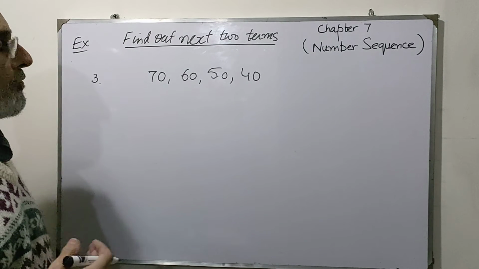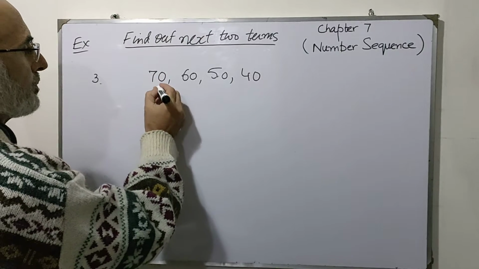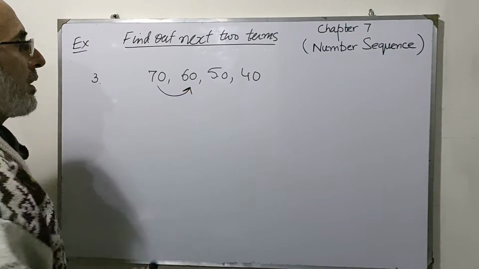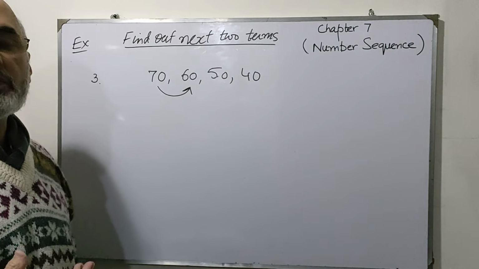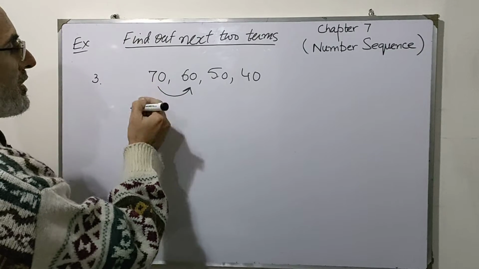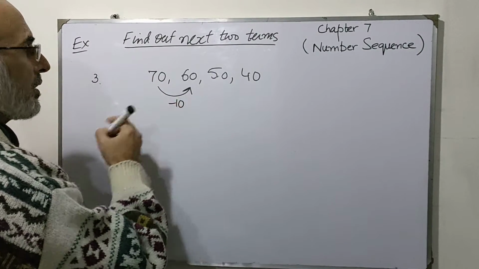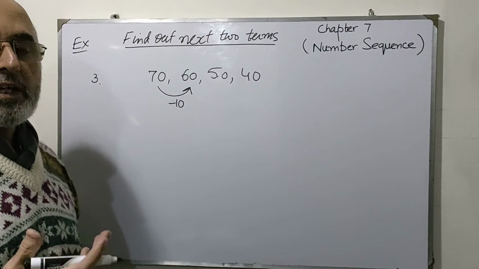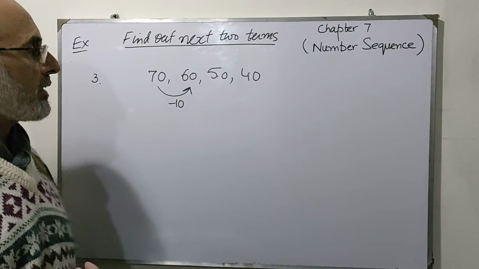Now, if we observe the first two terms, while moving from term 1 to term 2, what are we subtracting from the first term to get the second term? If we subtract 10 from 70, what do we get? 60. So that means that we are decreasing the first term by 10 to get the second term.